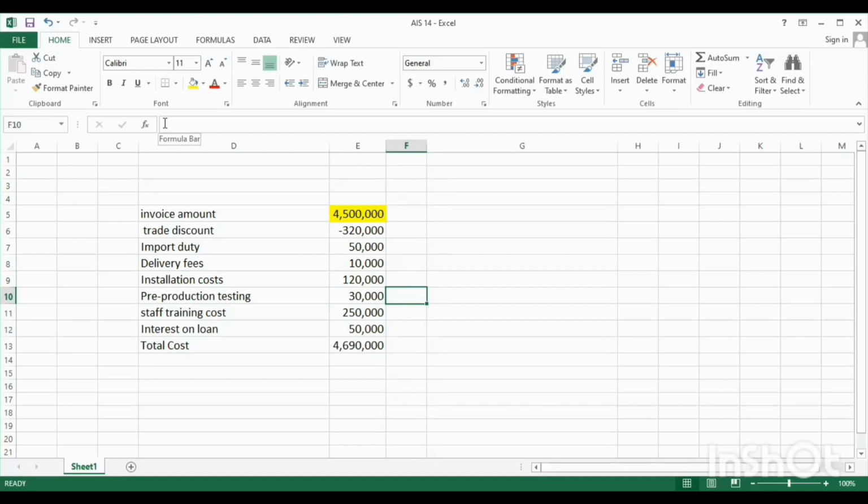Staff training costs. This shouldn't be included. This should be expensed. The staff training costs should be expensed through profit or loss. Interest on loan. So interest on a loan taken to purchase an asset should not be capitalized in accordance with IAS 16.